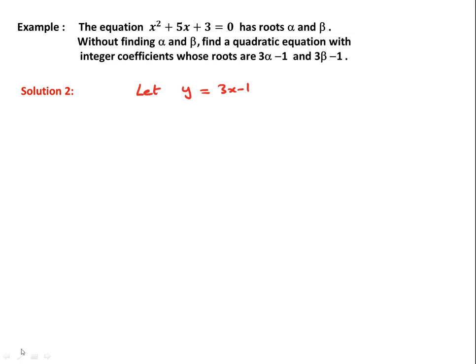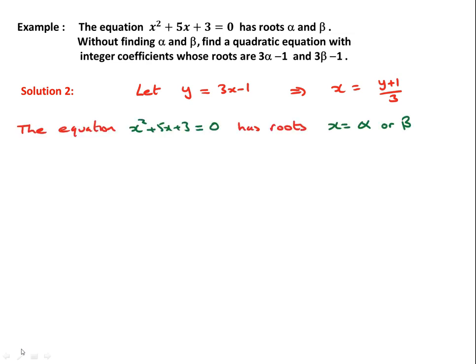If y is 3x minus 1, that's the same thing as saying that x is (y plus 1) over 3. We know that the equation x squared plus 5x plus 3 equals 0 has roots of x equals alpha or x equals beta.